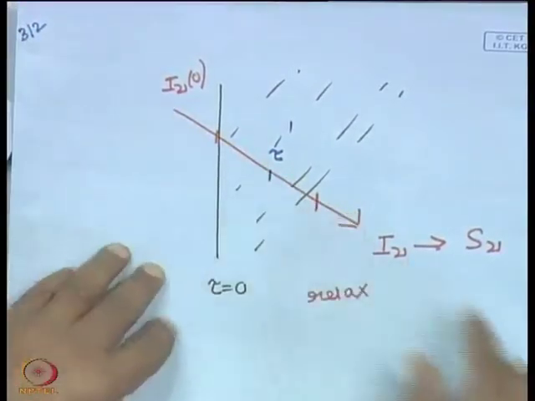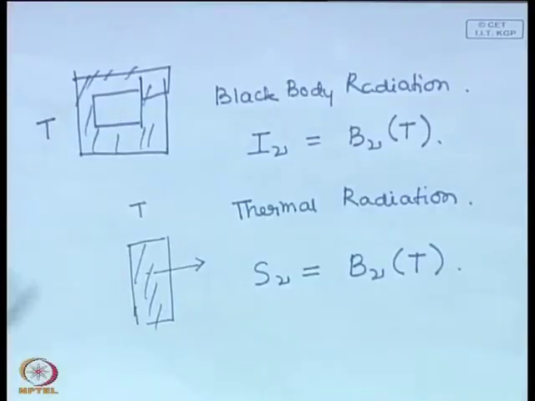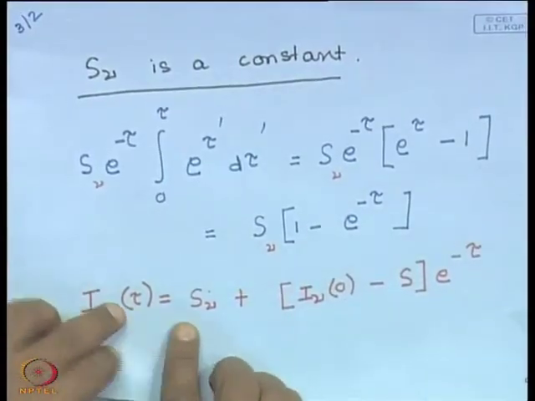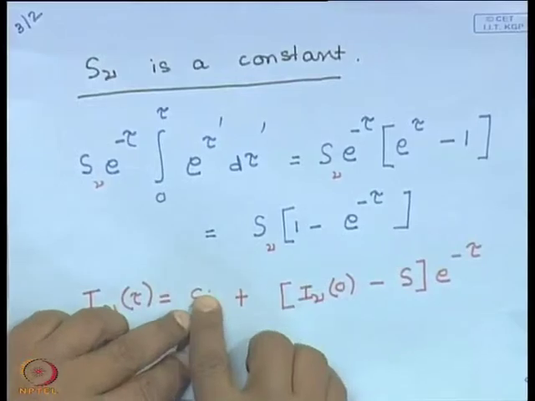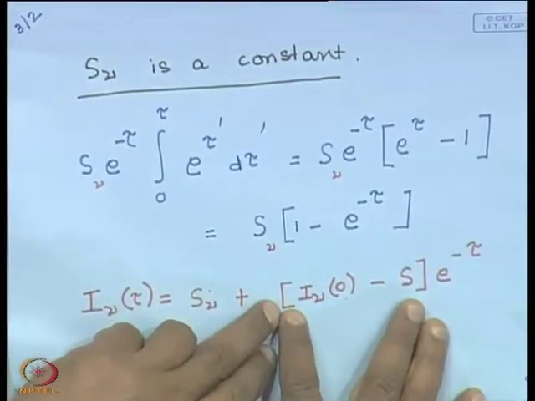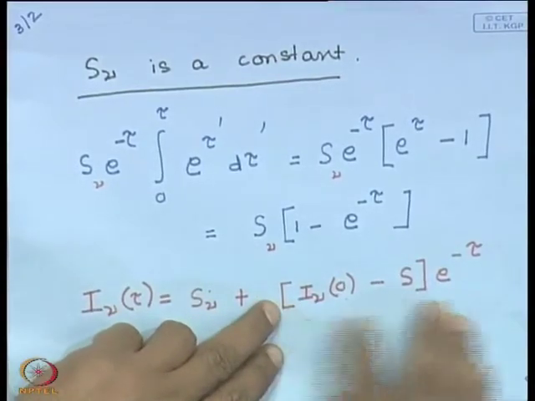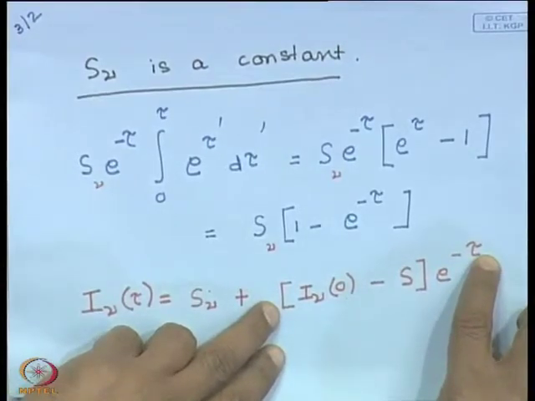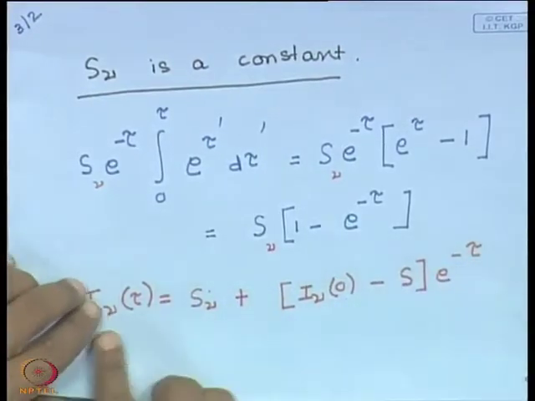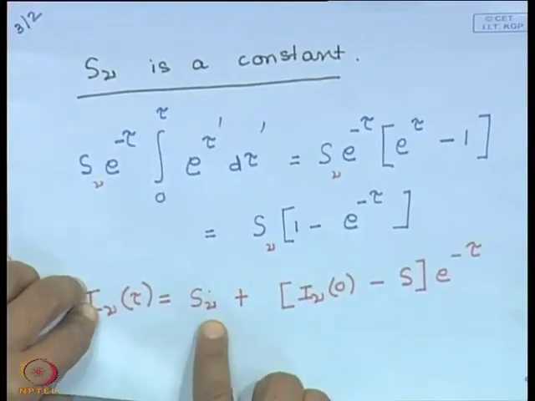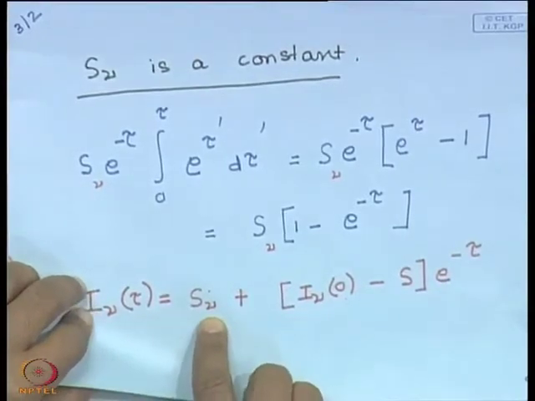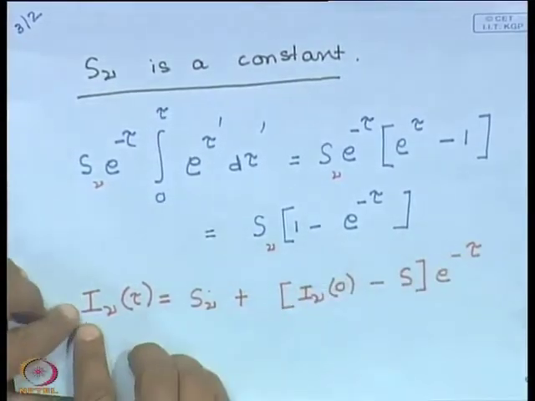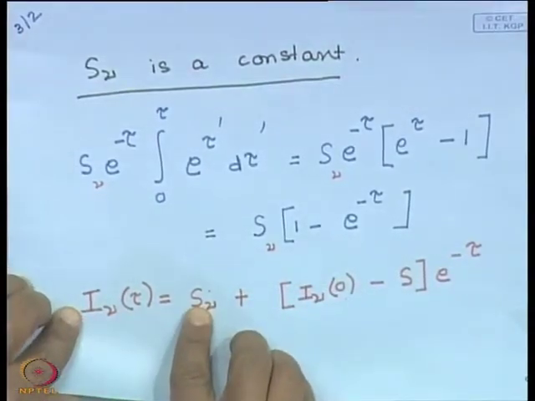As it propagates inside, the specific intensity changes, and inside the material it is the source function plus this term. Now, as the optical depth becomes larger and larger, the specific intensity tends to the source function. And finally, given adequate optical depth, this becomes equal to the source function.